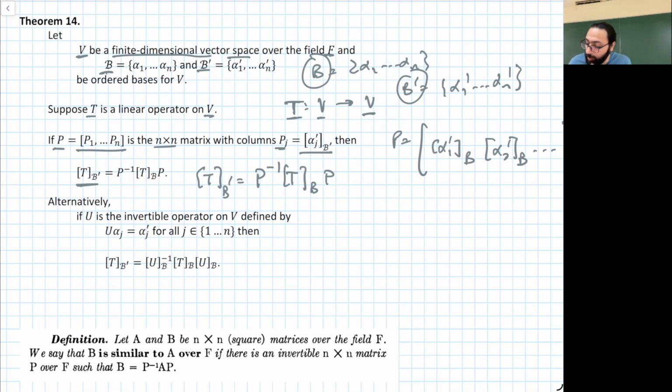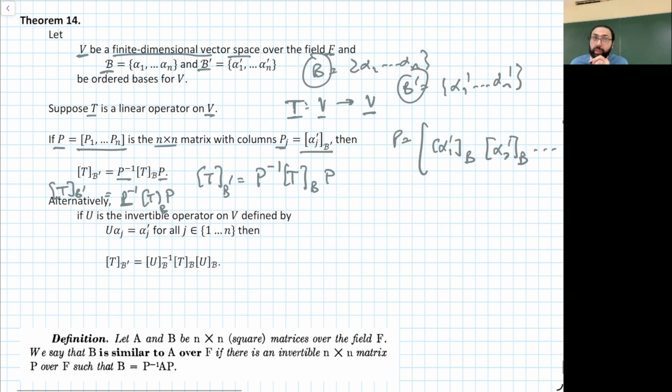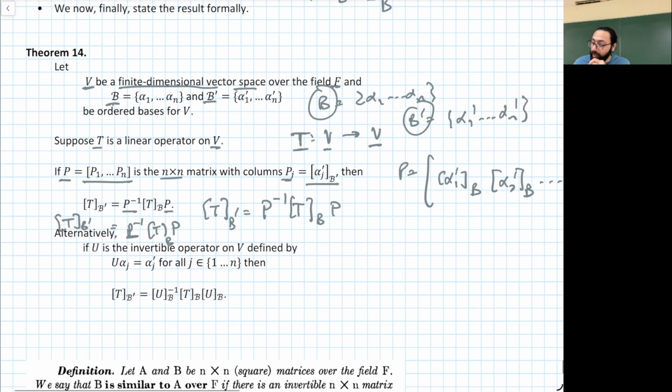There is some matrix P that, if you conjugate by it, so if you do P inverse T of P, you will get T in the new basis, B prime. Now you can ask, what is this matrix P? This matrix P is exactly the matrix that relates the basis B with the basis B prime.